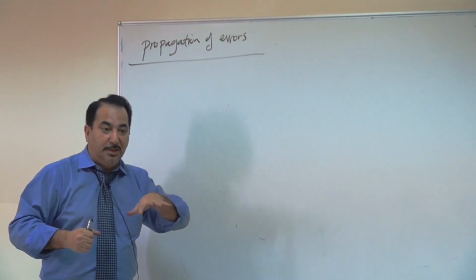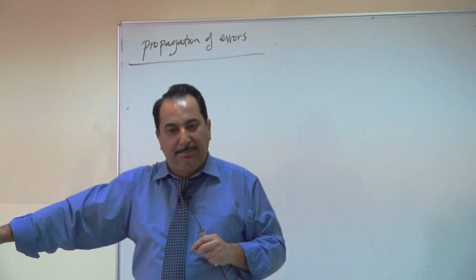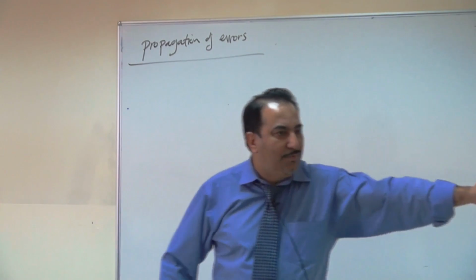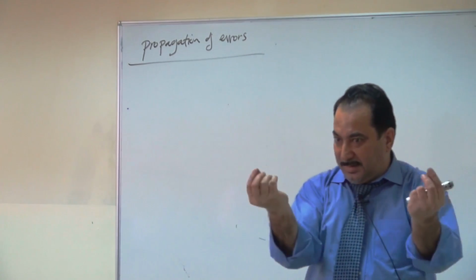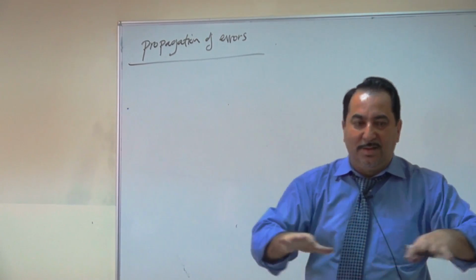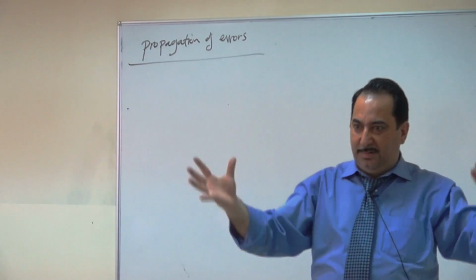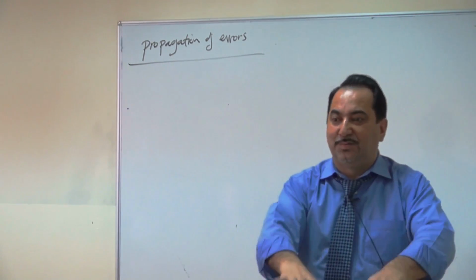The word propagation is similar to fire. If you have a small fire here, that's an error, a small fire here, a small one there. These are small fires. Now, when they combine, you'll have a big fire. The word propagation is like propagation of fire as well.